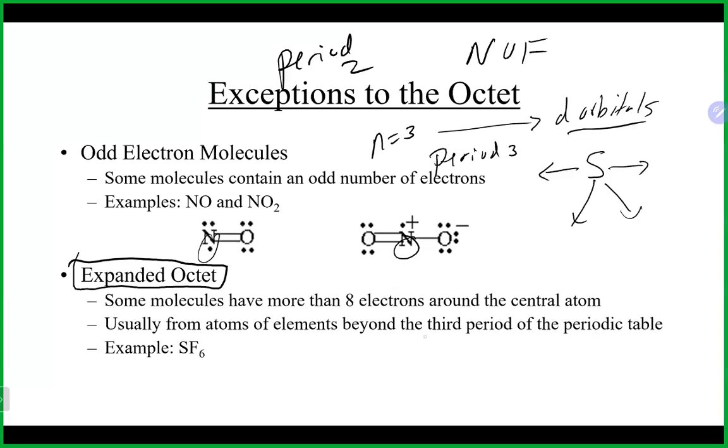As an example here, our SF6, if we were just to draw the connections, I'm not going to draw all the non-bonding electrons on the fluorines, but if we count around the sulfur, it has 2, 4, 6, 8, 10, and 12 electrons around it, and it's perfectly fine.